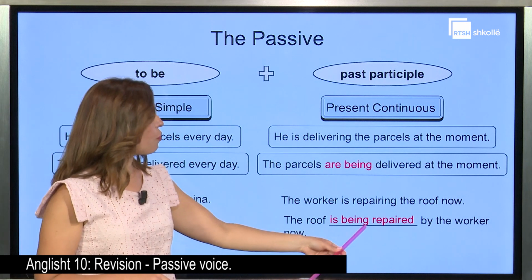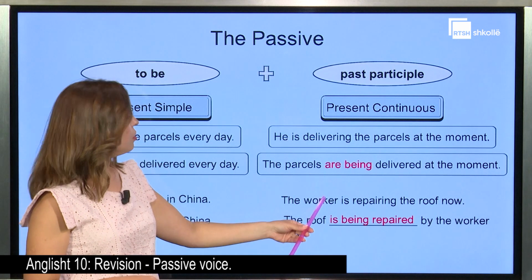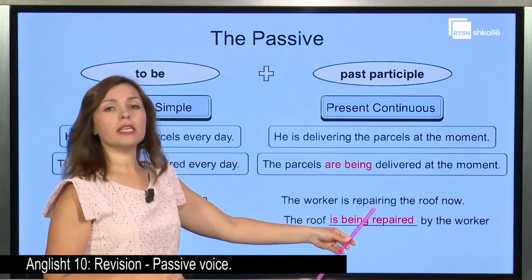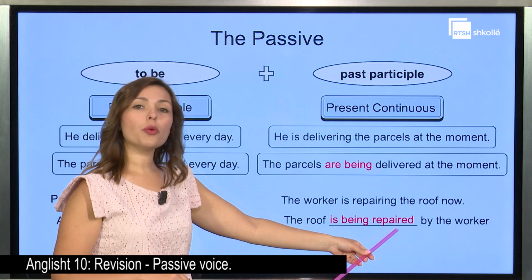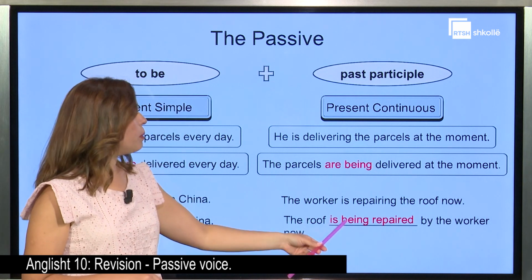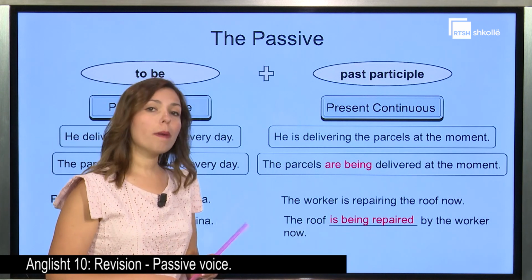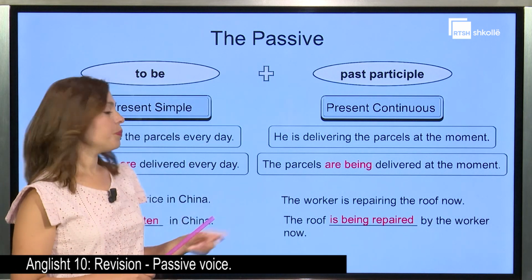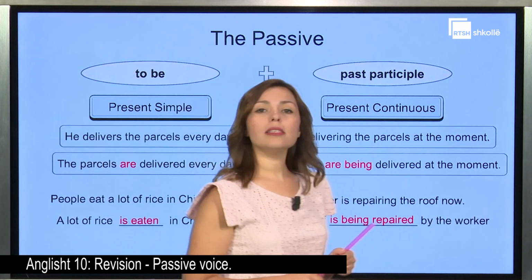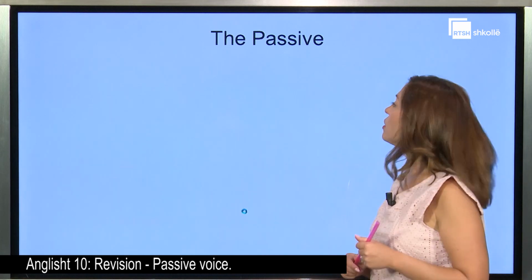Only this is the form of to be. And our verb is repair, so in the past participle, repaired. Is being repaired. By whom? By the worker.